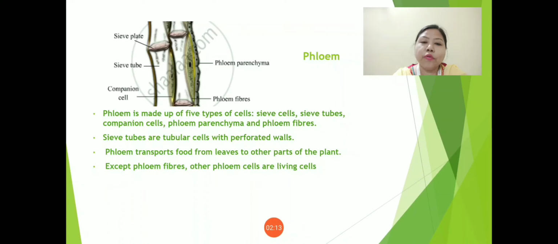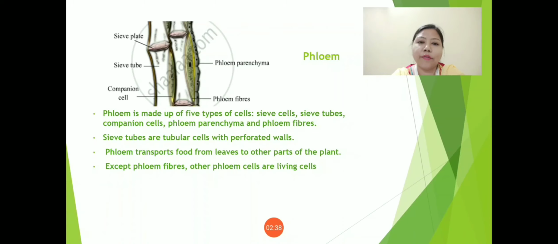Phloem transports food prepared in the leaves by photosynthesis to different parts of the plant. Xylem transports the water and minerals in only one direction, but phloem can transport the food in different directions. Except the phloem fibers, all other phloem cells are living cells.